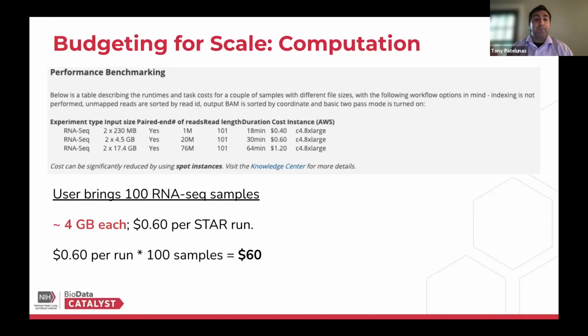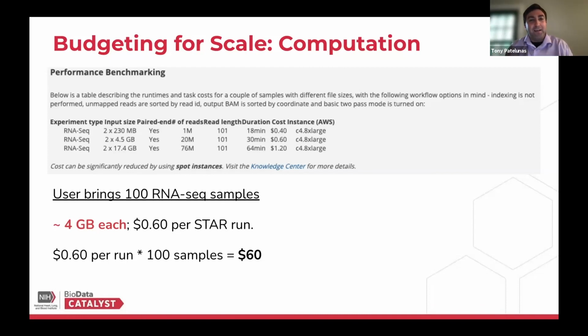So we can estimate if our samples are about 4 gigabytes, it's going to cost about the same, which is 60 cents. And we do some lab math here of 60 cents per run times 100 samples. It's going to cost $60 to run these on mapping. And I want to emphasize here, $60 is half the price of a box of pipette tips. I was not in the lab that long ago, and I think a case of 10 P200 tips cost us about $100 for that box. So this is about half the cost.